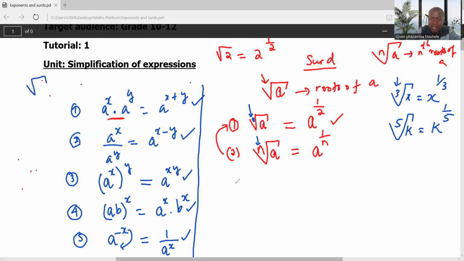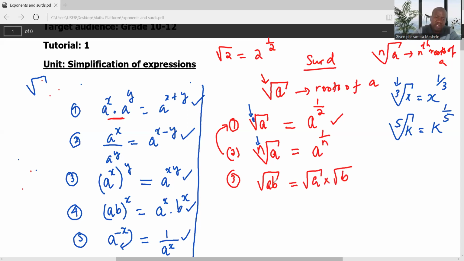Then another one, number 3, in terms of the surds. It says if we have the root of a times b, the root of a multiplied by b is the same as the root of a multiplied by the root of b.